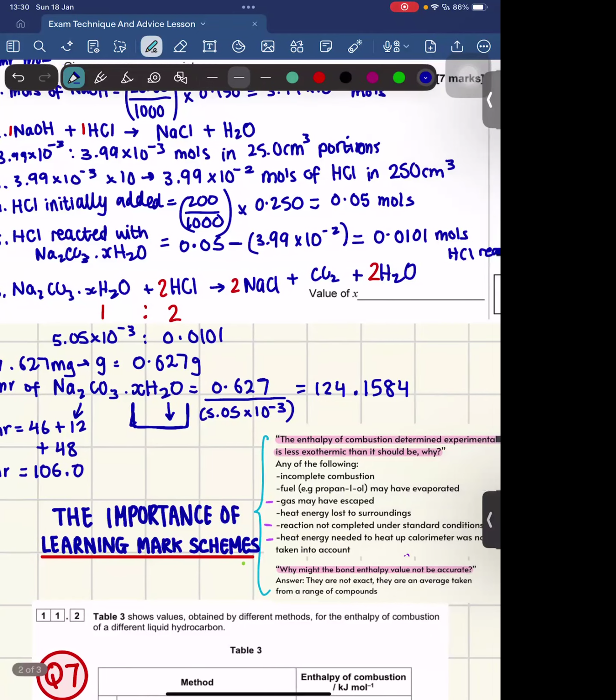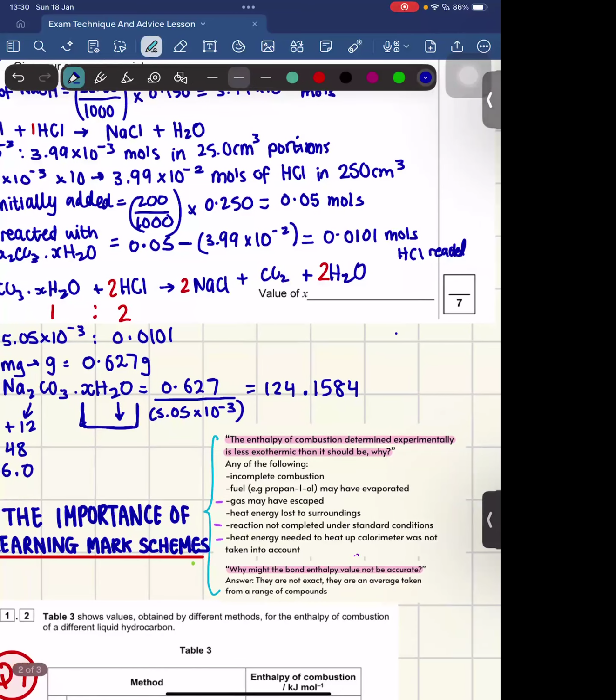Now, let me do it here. So the MR of XH2O is 124.1584 minus 106.0. So if I did that in my calculator, 124.1584 minus 106 gives 18.1584.